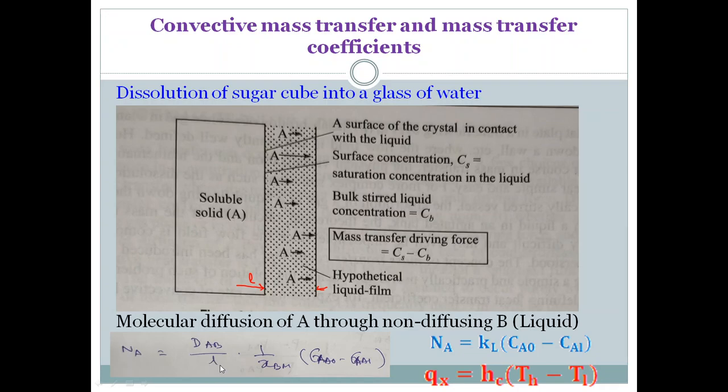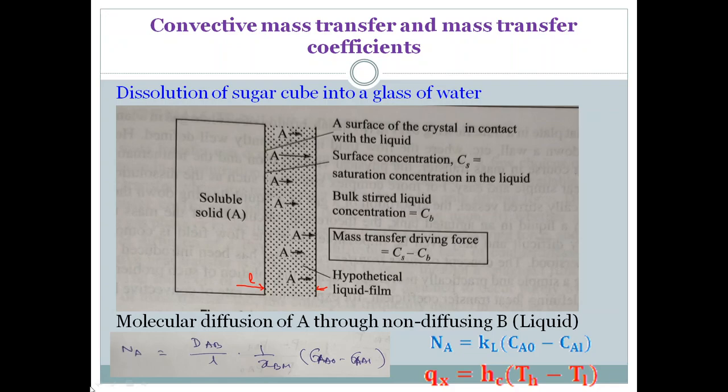You already have this concept from heat transfer, and we are just applying it to mass transfer. So you understand convective mass transfer, because mass transfer is happening under motion of fluid, and when the fluid flow or velocity is high, the boundary layer thickness will decrease.